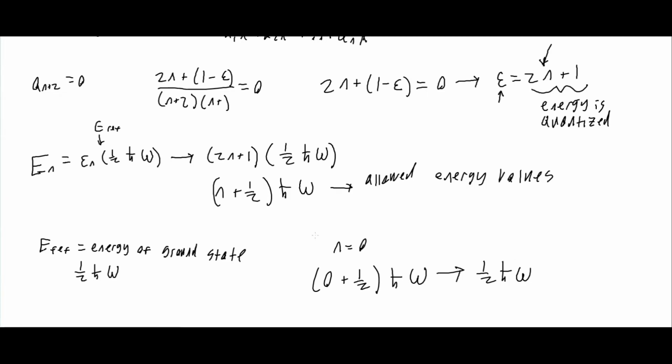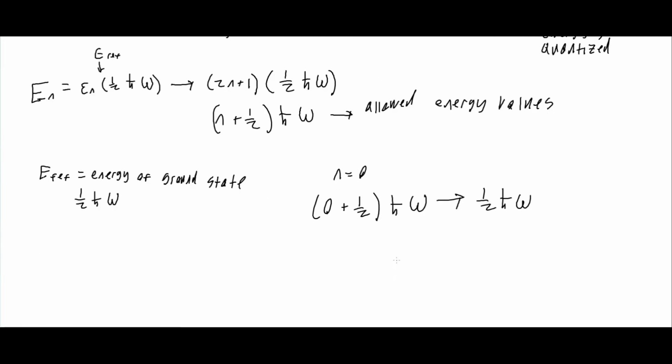And so that is our ground state, whereas if we had n equals 1, for instance, then we would have 1 plus 1 half times h bar omega.